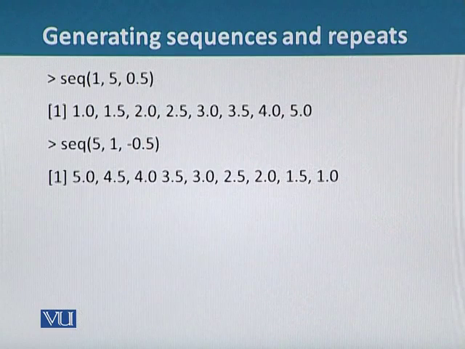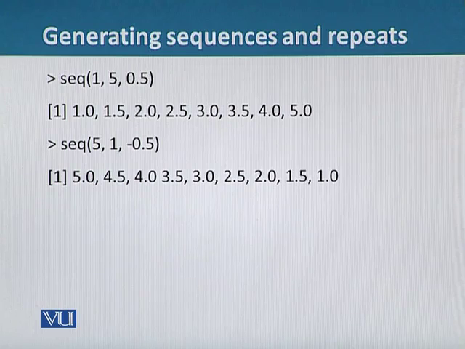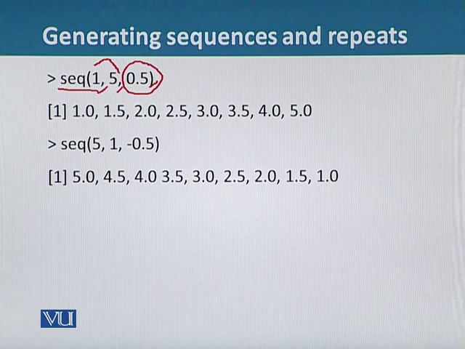In this example we want the seq command, which is used for the more detailed sequences that we can generate. In the seq we have written 1, 5, 0.5. It means we have to generate the numbers from 1 to 5, and the increment between the numbers should be 0.5.